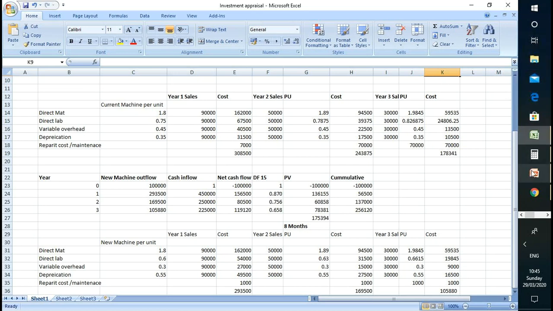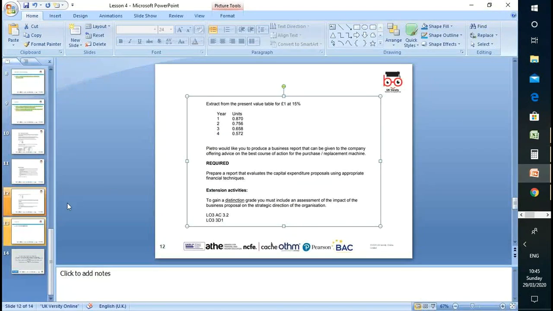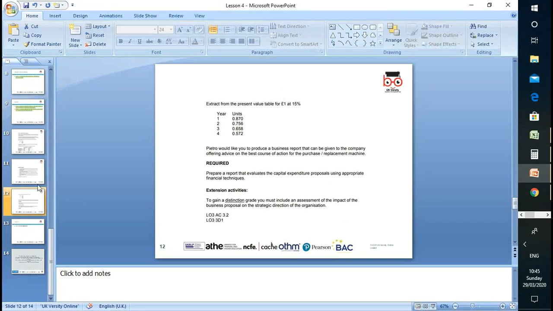So then in this task, prepare a report to evaluate the capital expenditure proposal. To gain the distinction grade, you need to assess the impact on the proposal and the strategic decision. So what impact will it be?